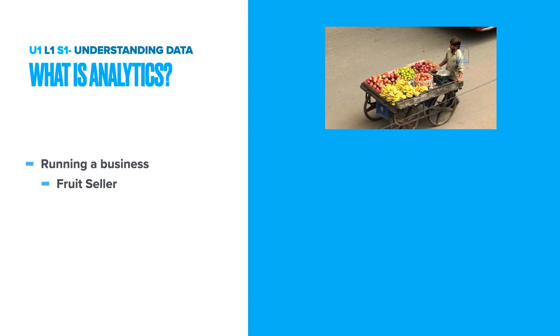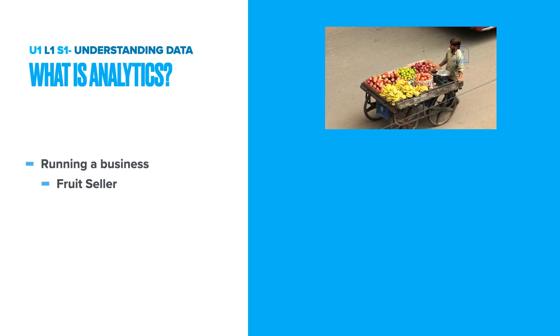He told me, Sir, in your street, the people, they are very fussy. They haggle a lot, they bargain a lot, and they buy very less fruit. And there are many other fruit sellers, street vendors who come to your street.